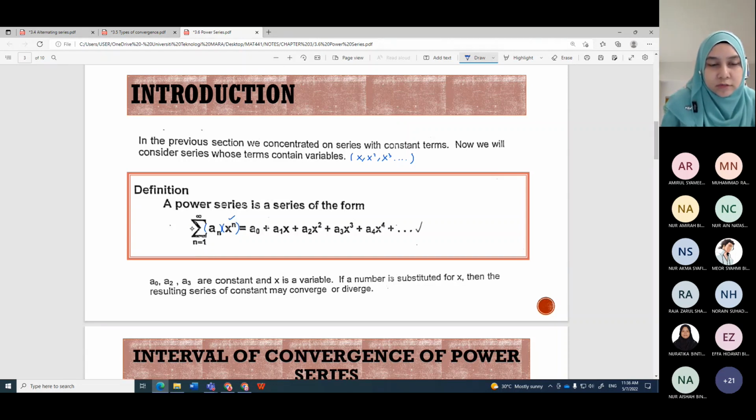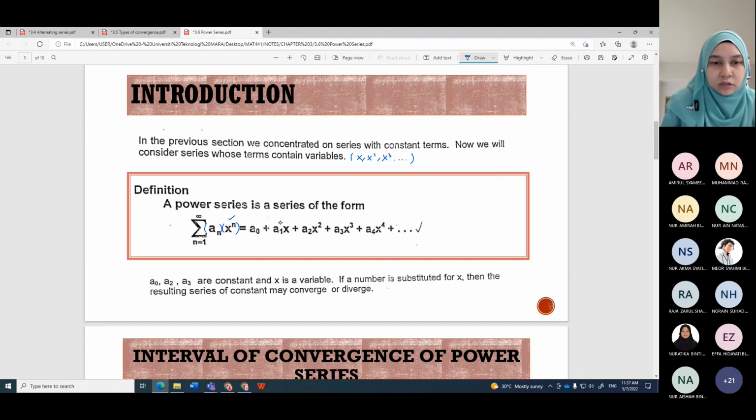If we substitute n equal to 1 until infinity into this function, we have a naught, which is constant, plus a1x, plus, if n is equal to 2, a2 x square, plus, if n is equal to 3, a3 times x cube, and so on, where a0, a1, a2, a3 are constants.